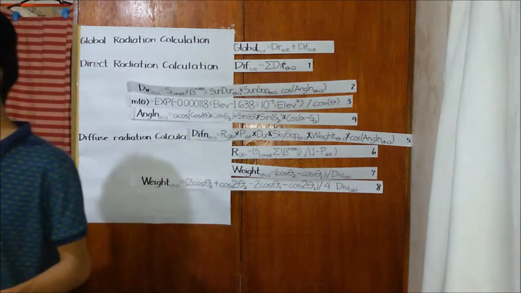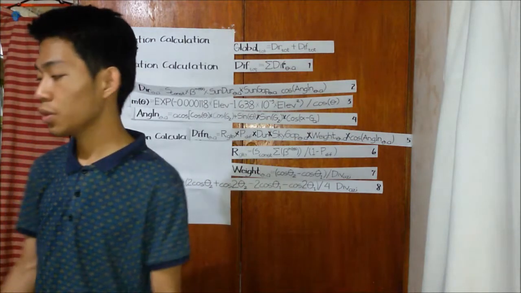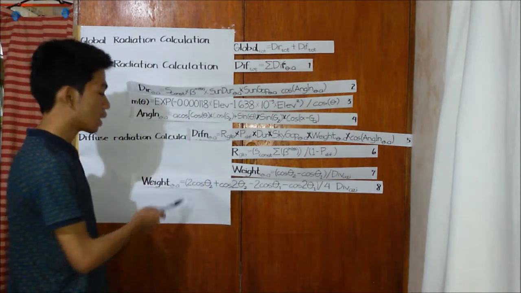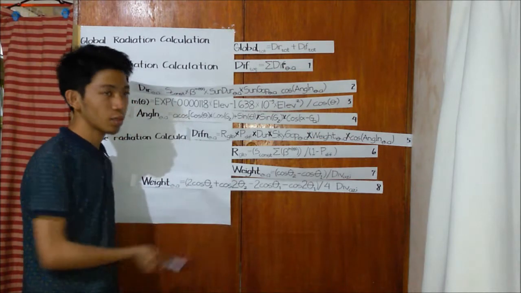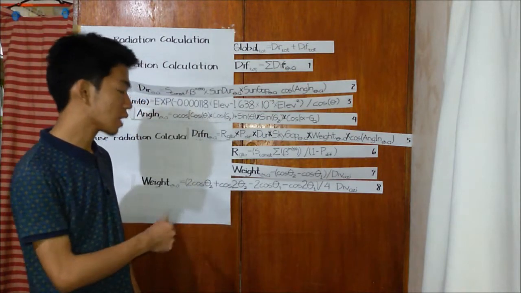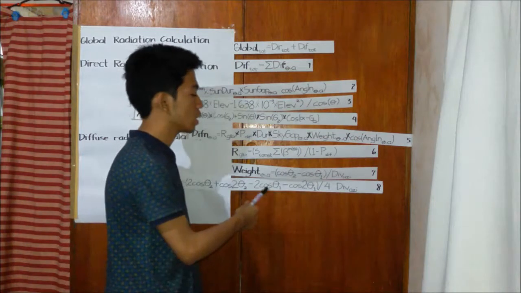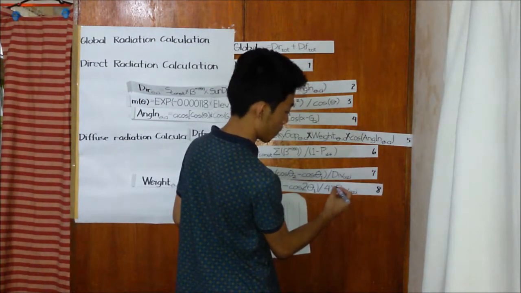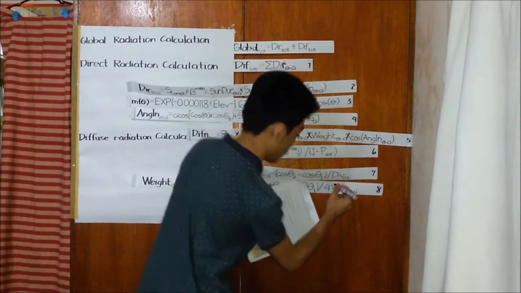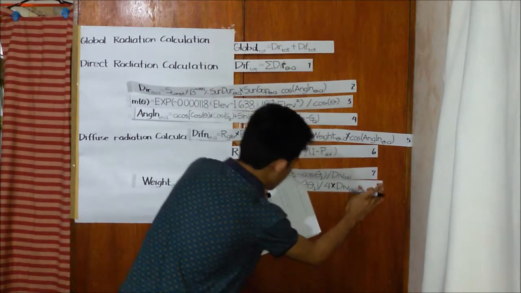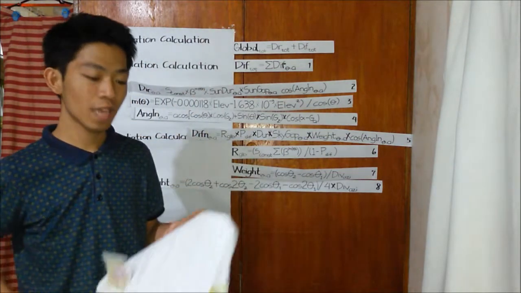Weight theta A, the proportion of diffuse radiation, equals 2 cosine theta 2 plus cosine 2 theta 2 minus 2 cosine theta 1 minus cosine 2 theta 1, all over 4 times the number of azimuthal divisions in the sky map.